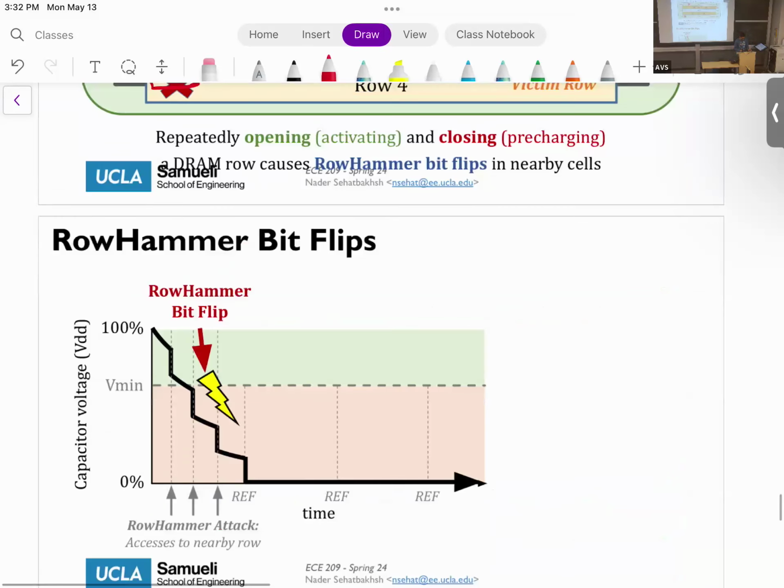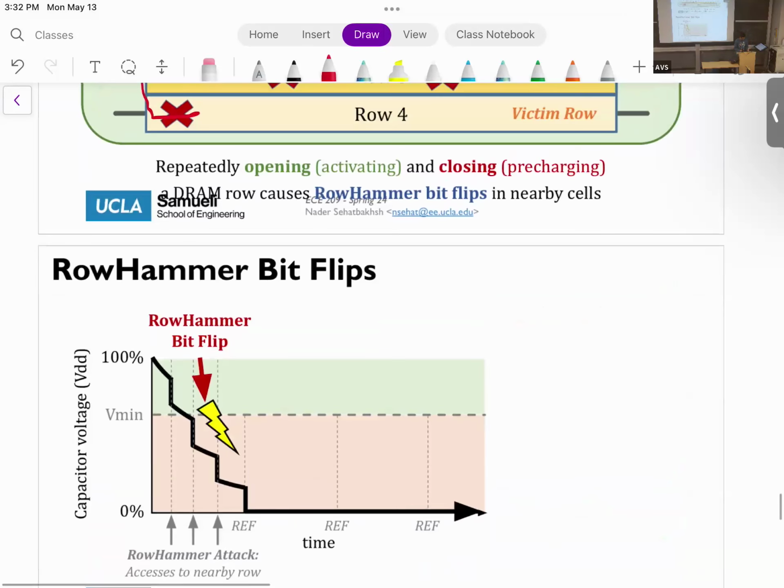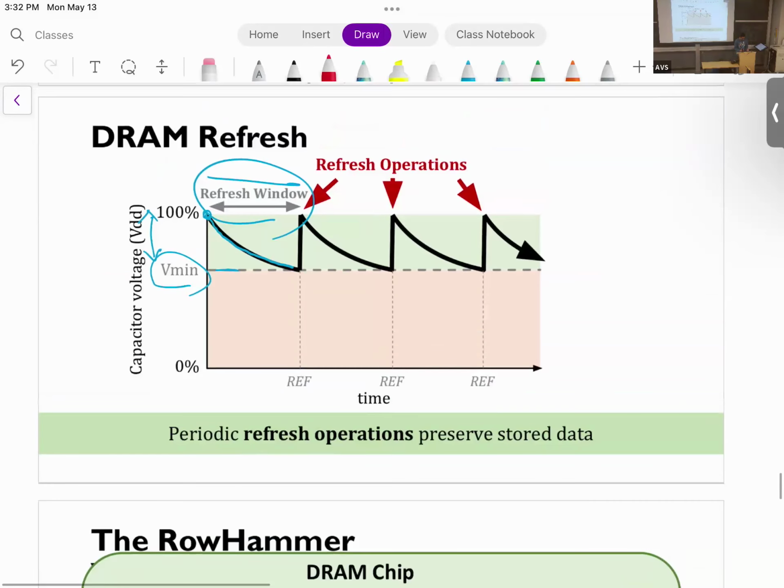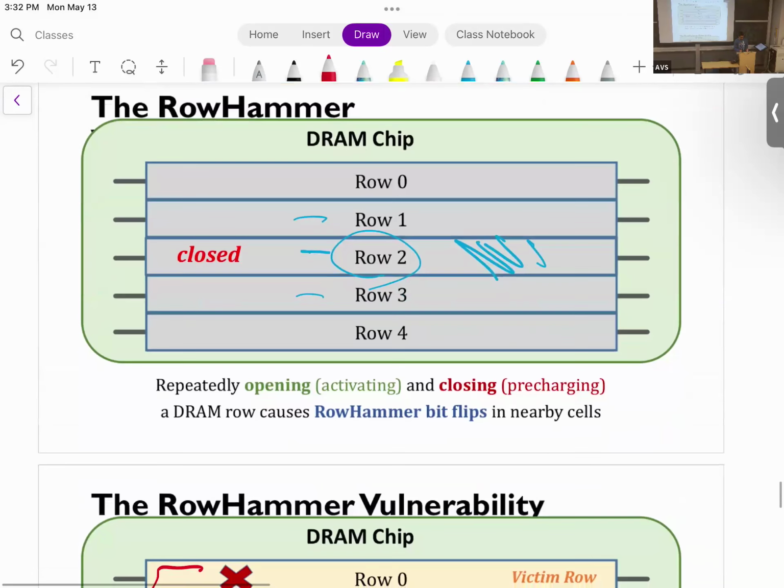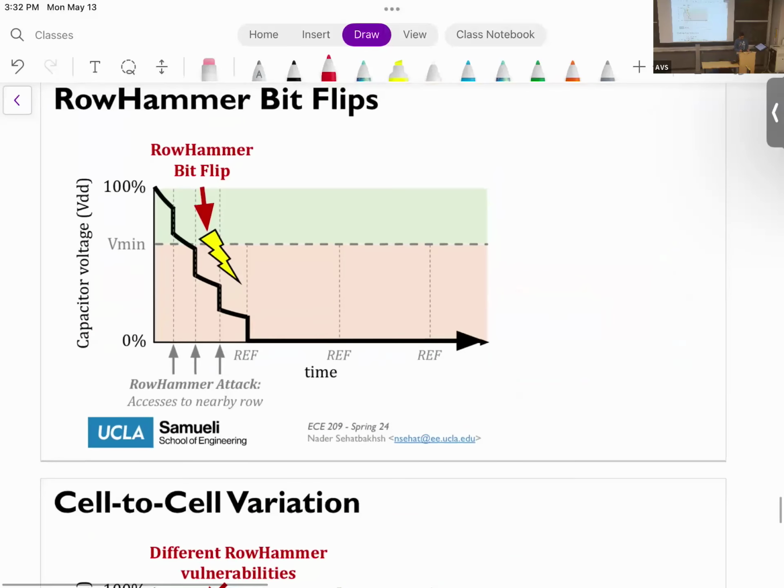So what happens is, essentially, what used to be this, where you expect this kind of pattern of discharging, if I close and open this row, now if I look at row 1, I'll see something like this.